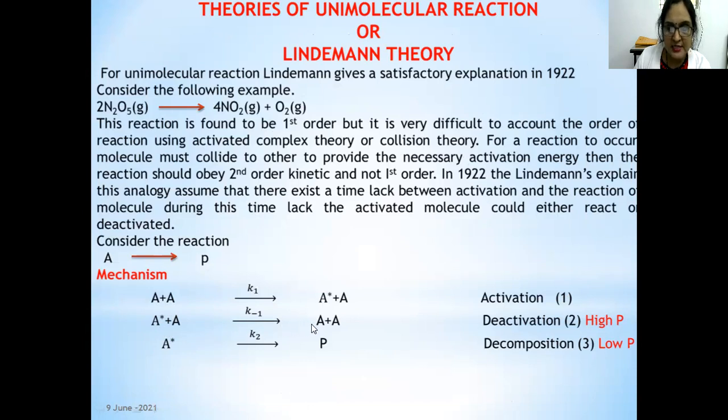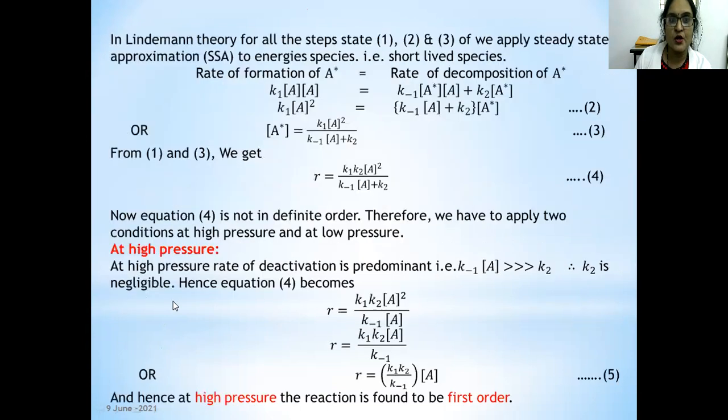In step 2, A star is the reactant and may be deactivated, and in step 3 it is decomposed. So by using the steady state approximation, the rate of formation of A star is equal to its rate of decomposition.